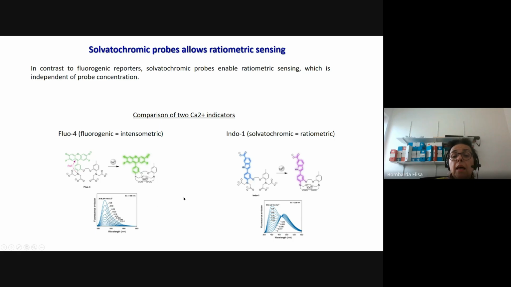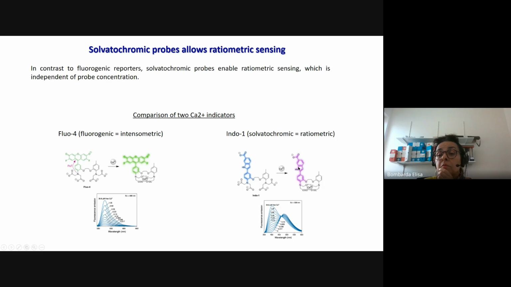Instead, the other one is a solvatochromic probe, and here is practically the same experiment. So the concentration of calcium increases, and as you see, there is a shift of the emission.